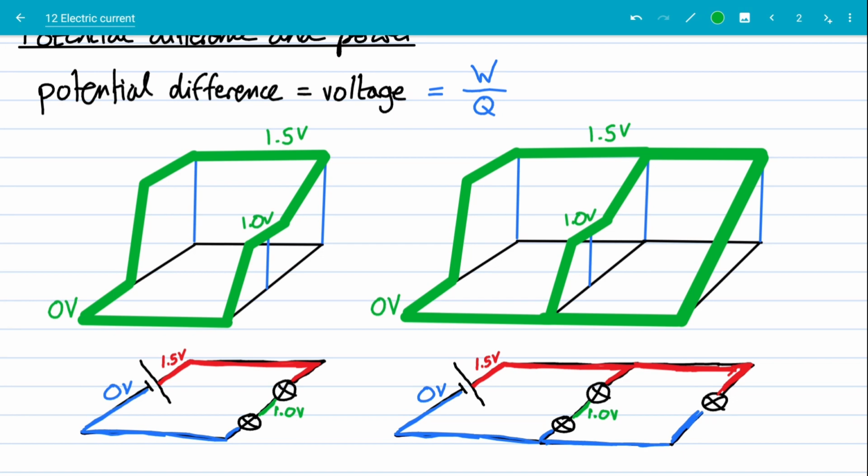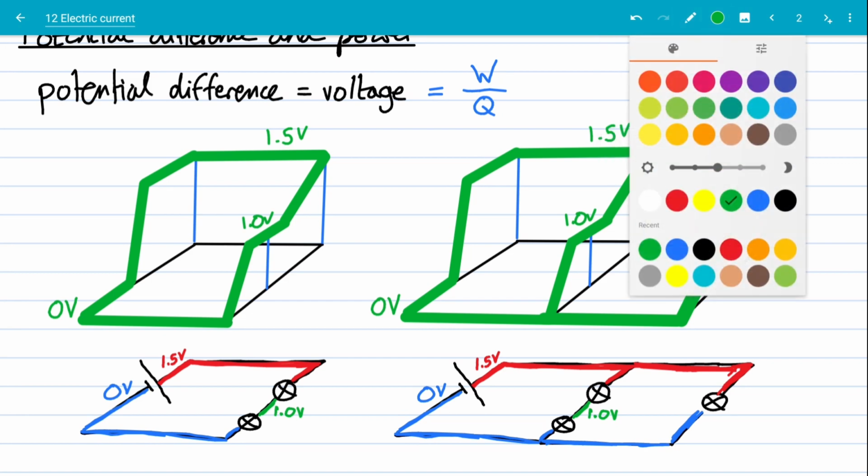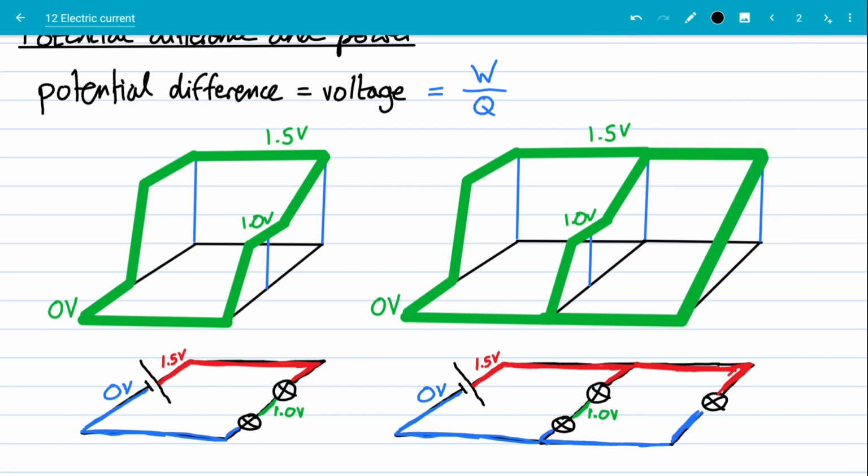And so you can see the potential difference is going to be, just like we had last time, 1.5 at the top, 0 at the bottom. So the potential difference from here to here is 1.5 volts. The potential difference from here to here is 1.5 volts.